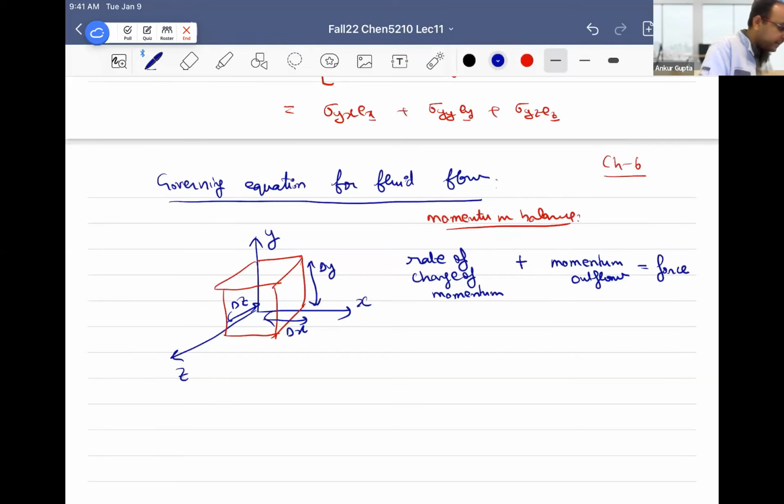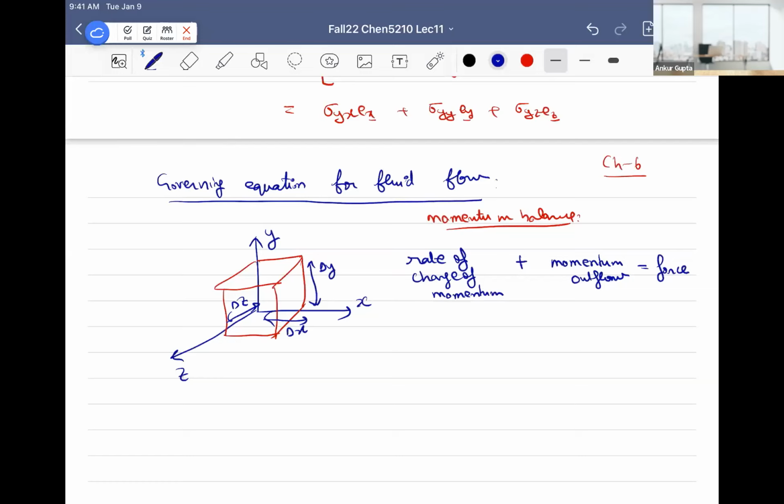Do you remember this? Where have you heard this sort of relationship? Which law? Newton's law, right? Rate of change of momentum is force applied. That is equal to ma or m dv by dt. But here there is another term, momentum outflow.